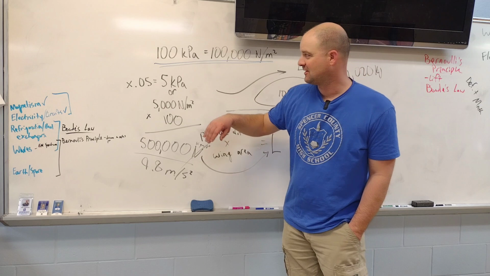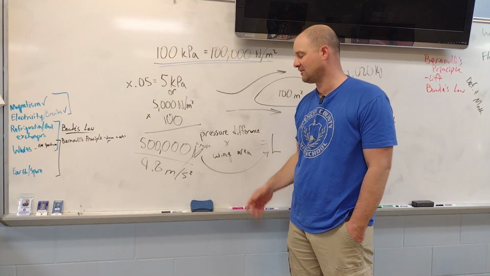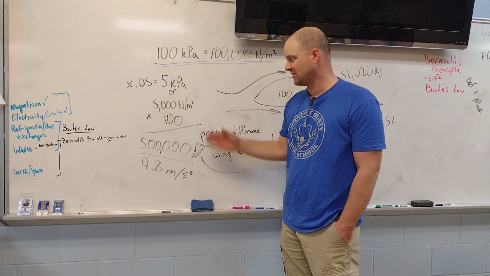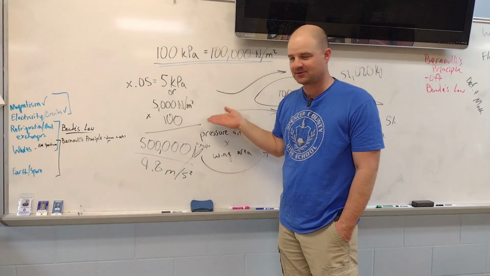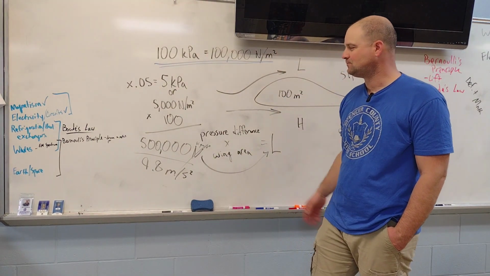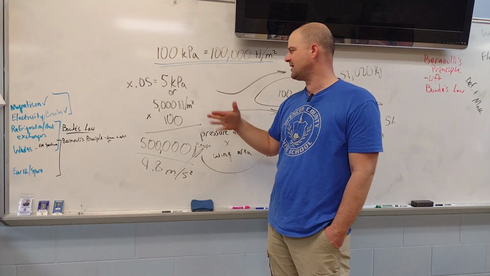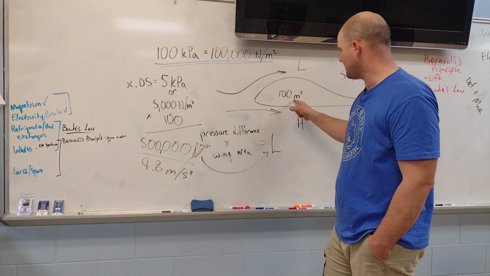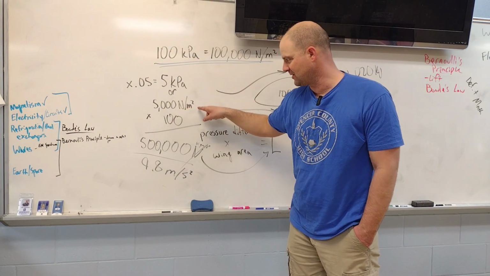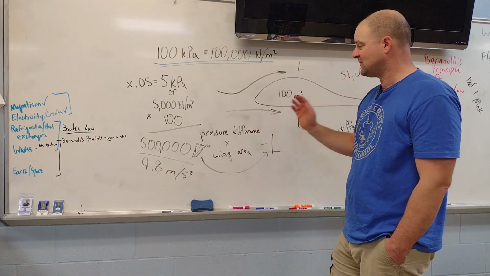So we get 5 kilopascals, or 5,000 newtons per square meter, because that's what kilopascals are, newtons per square meter. And then we're going to multiply that by 100, because we have 100 square meters. So that many newtons per square meter, and we have 100 of them, so we get 500,000 newtons.